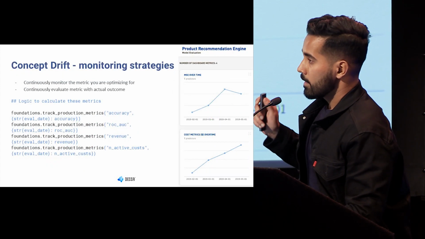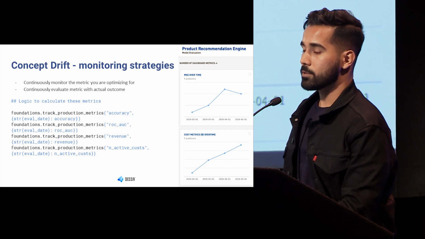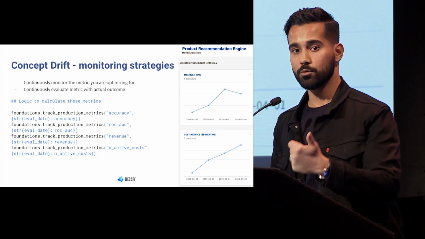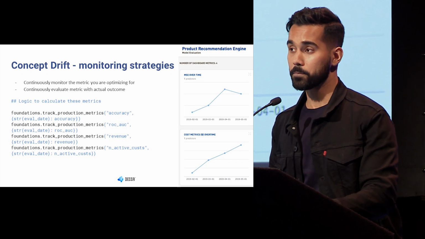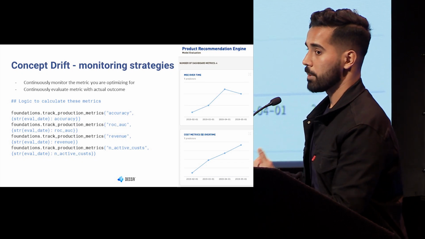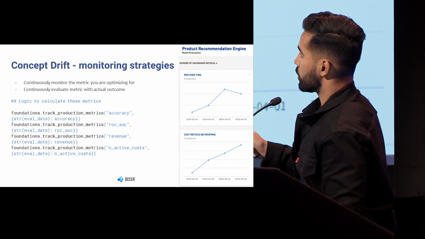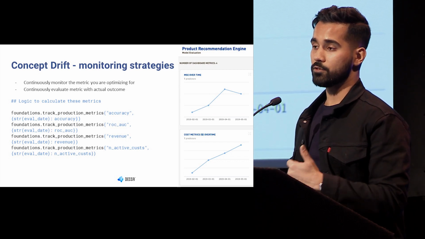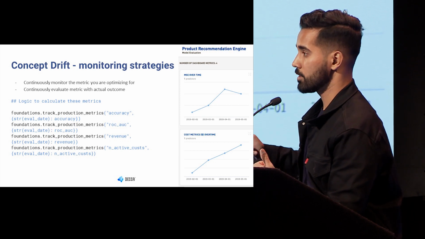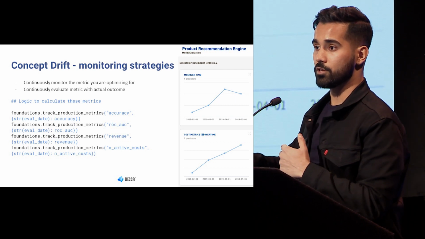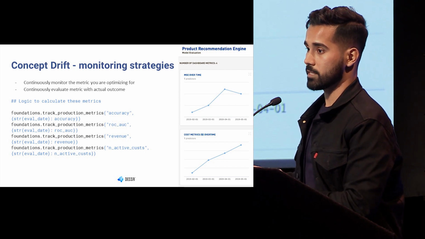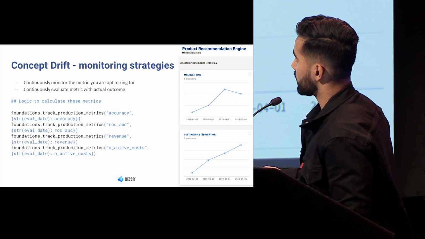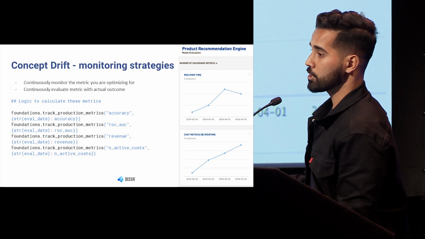Okay. That data contract concept works really well to be able to find input drift and to be able to find bugs in your data pipeline. But it falls apart when you're doing concept drift, because in concept drift, not only do you have to monitor those things, but you also have to monitor different kinds of algorithms that are tied into your own business logic. So what we do for our data scientists is provide them ways to track different kinds of production metrics, right?